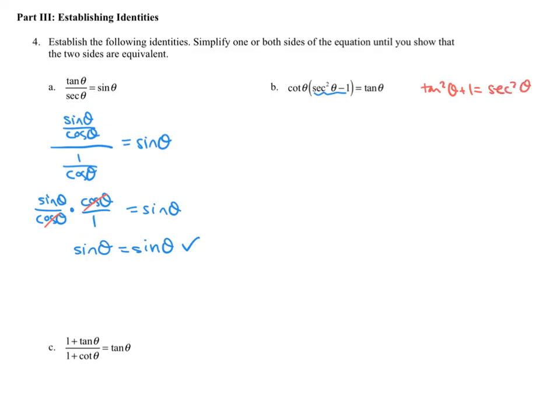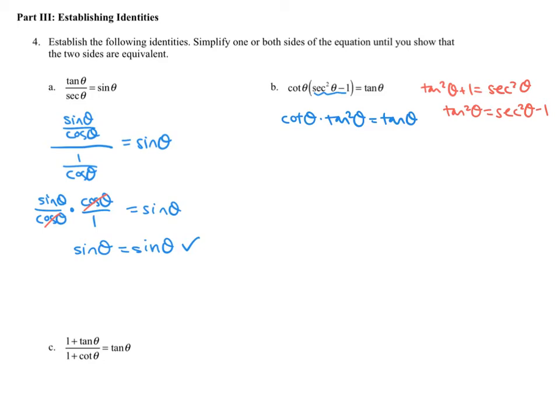And I can manipulate it. This is the same as tangent squared theta equals secant squared theta minus 1. I subtracted the 1 over to the other side. And so I can replace secant squared theta minus 1 with tangent squared theta. So we get cotangent theta times tangent squared theta equals tangent theta.